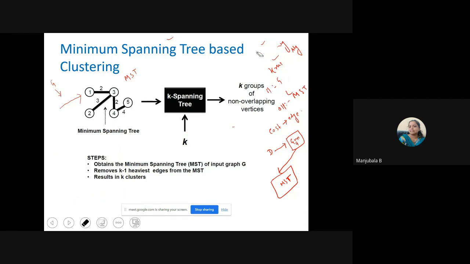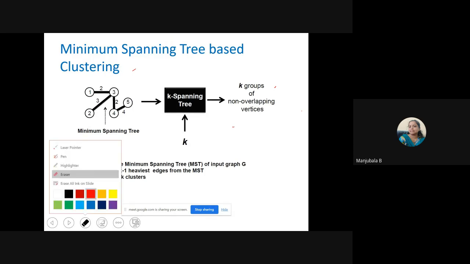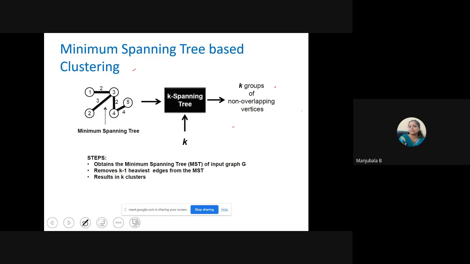So for that, what you have to do, by getting the minimum spanning tree from the given graph by applying Prim's algorithm or the Kruskal algorithm. So you obtain the MS-tree of the input graph G. These are the simple steps.